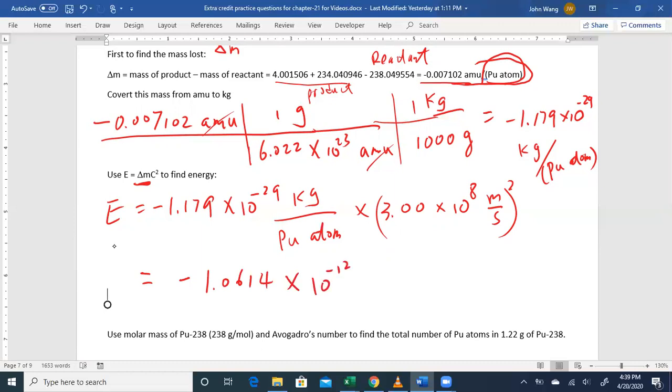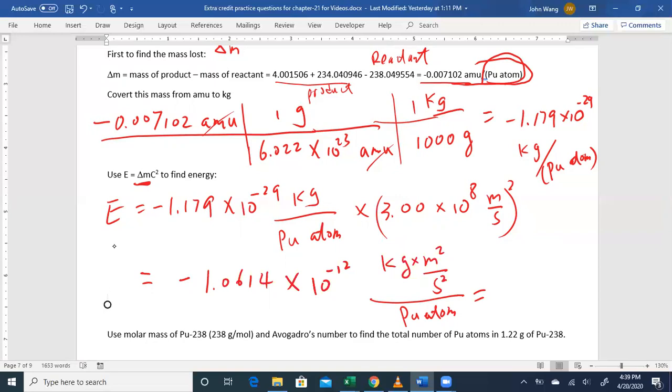Let's see the initial units. You can see there's a kg, and there's a meter squared, and per second squared, and per plutonium atom. So that actually turned out kg times meter squared divided by second squared is joules.